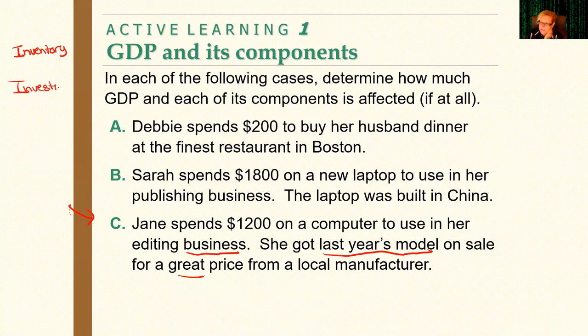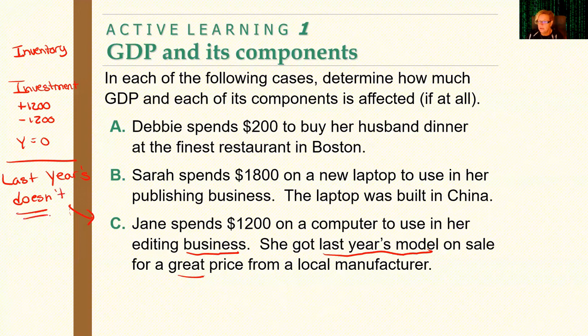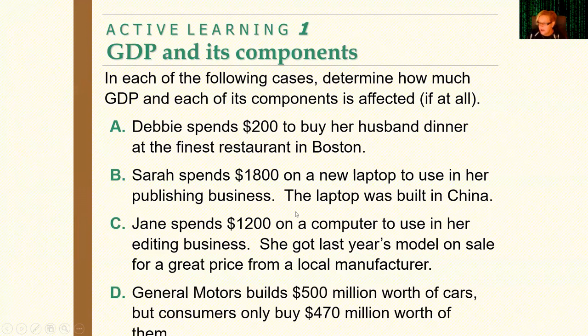So investment is going to increase by 1,200 because she's buying it for her business, and she bought it out of somebody else's inventory, so therefore GDP remains unchanged. That's the harder answer. The simpler answer is it's last year's model, it doesn't count. Pick the one that you like: it doesn't count because it's not included in GDP, last year's model.